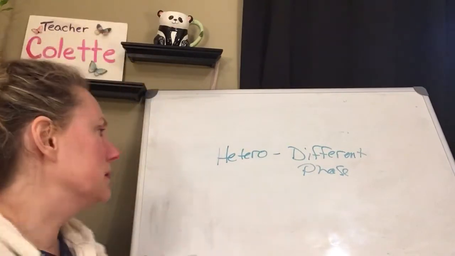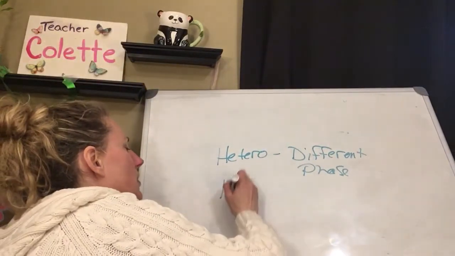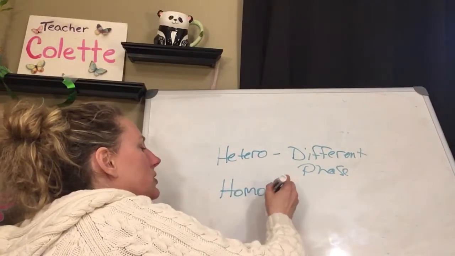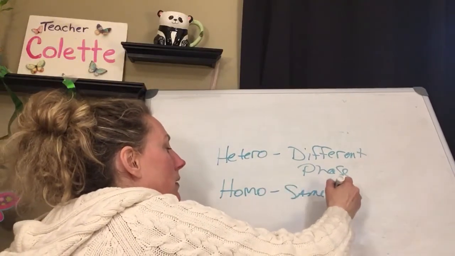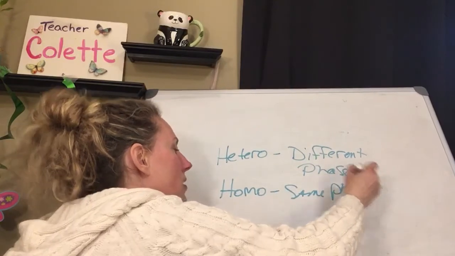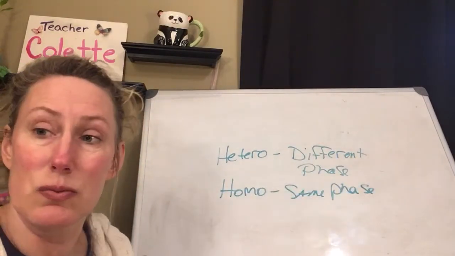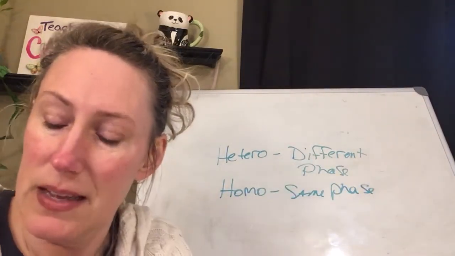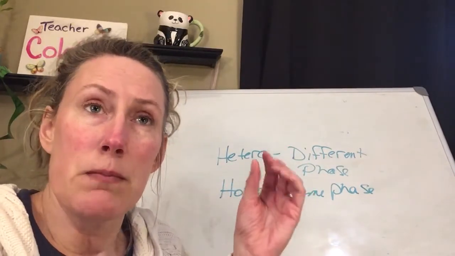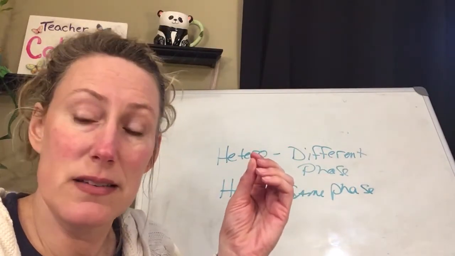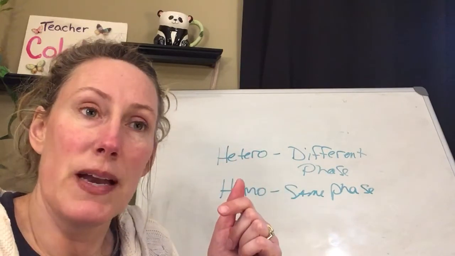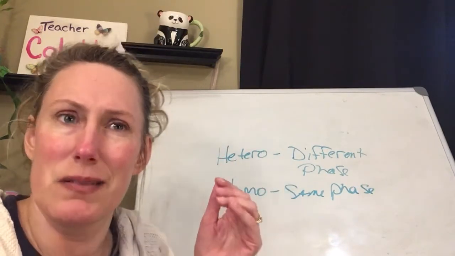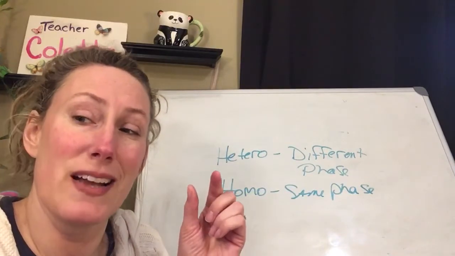But sometimes a reaction is a homogeneous reactant. That's going to be the same phase. So how a homogeneous catalyst works is that it mixes with some of the reactants and it adds a step in there, but it makes the reaction go faster because it draws things together by doing an extra step.